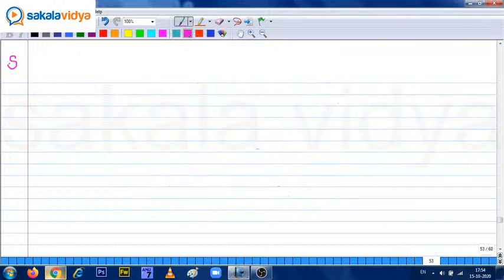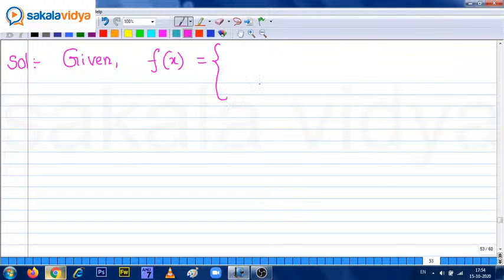Solution. What is given here? Function is given. F of x equals a plus bx if x less than 1, 4 if x equals 1, b minus ax if x greater than 1.